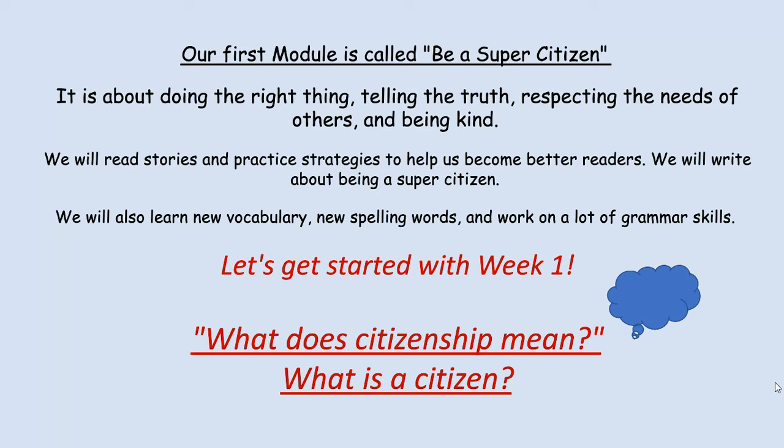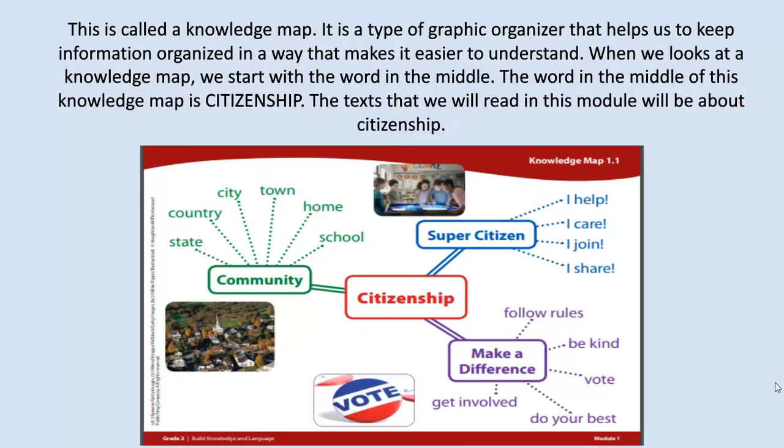Every week of a module will have new questions that we're going to answer. This lesson, the questions we're going to get started with are, what does citizenship mean? What is a citizen? So to help us get started with that, we are going to look at what is called a knowledge map.